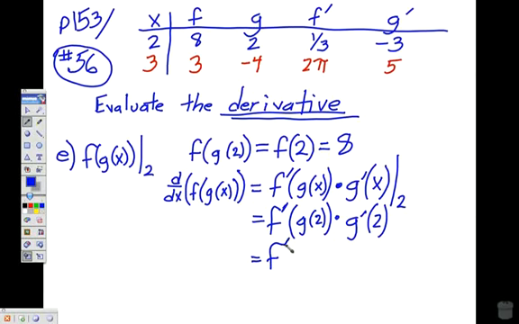Well, f prime of g of 2 is 2, times g prime of 2 is negative 3.